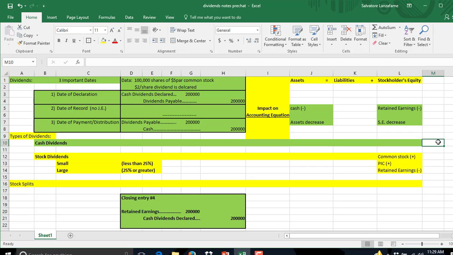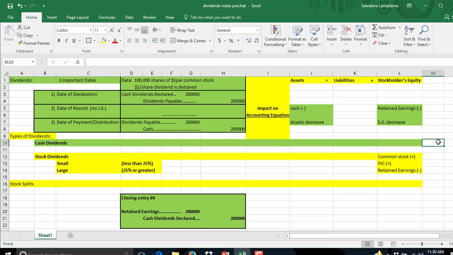So when you have a cash dividend, both sides of the accounting equation or balance sheet are impacted. But when you have a stock dividend, only the stockholders' equity section is impacted. The total of stockholders' equity remains the same, but the retained earnings washes out with the stock and PIK account.